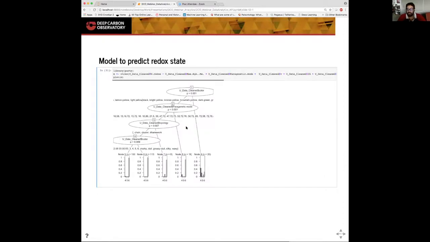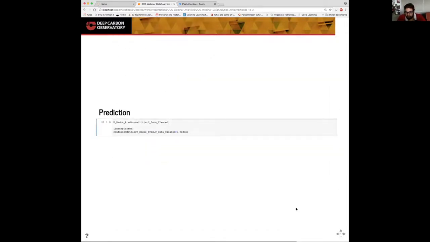When the model is run, first of all, I run a conditional inference tree model for this. The output is a tree format that tells us what the most important parameters are to predict redox state. As you can see in the diagram, there's color, paragenetic mode, topology, and luster for the uranium mineral. So these parameters help us predict what the redox state of a uranium mineral is.